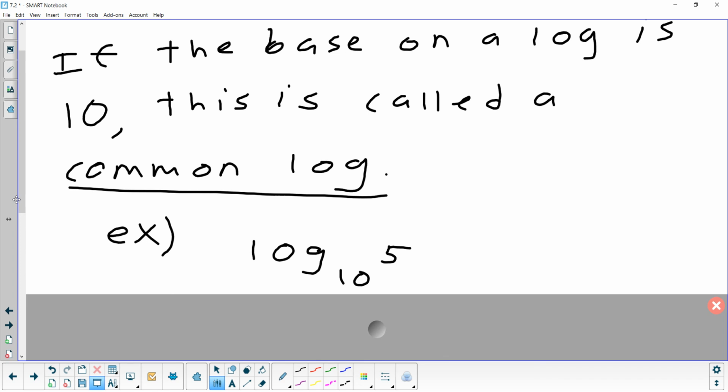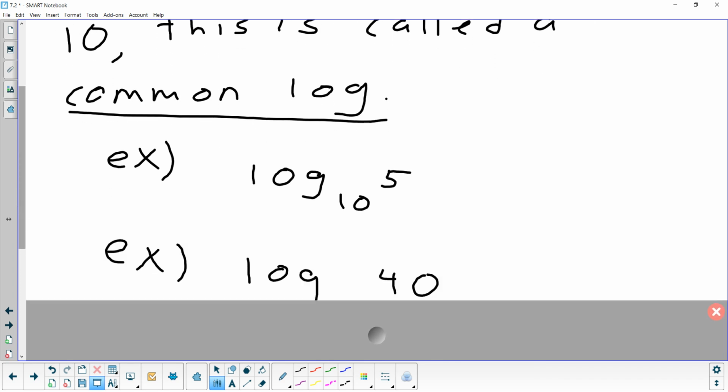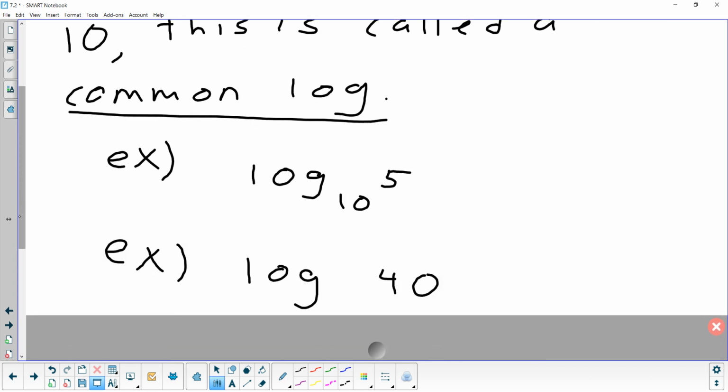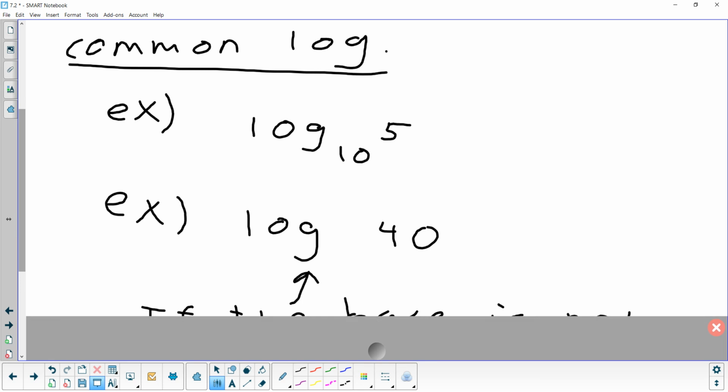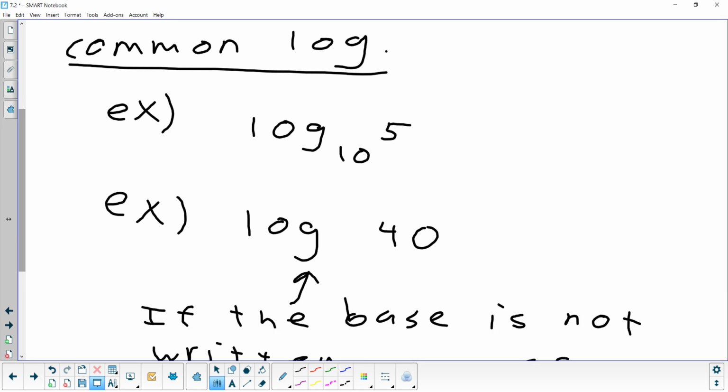There's a little bit of an abbreviation, but not quite as much. You might think, well, wait, you didn't put the base. You're right, I didn't. If you ever have a logarithm and the base isn't there, you can assume it's base 10. That's the only abbreviation there is.